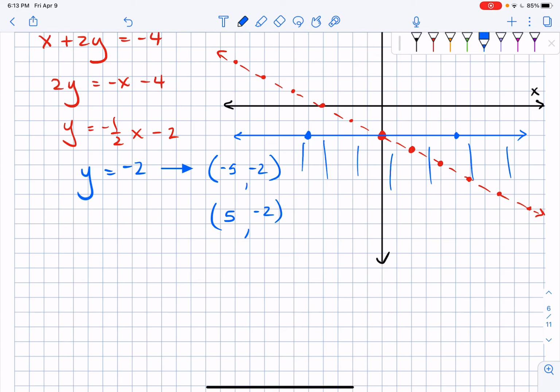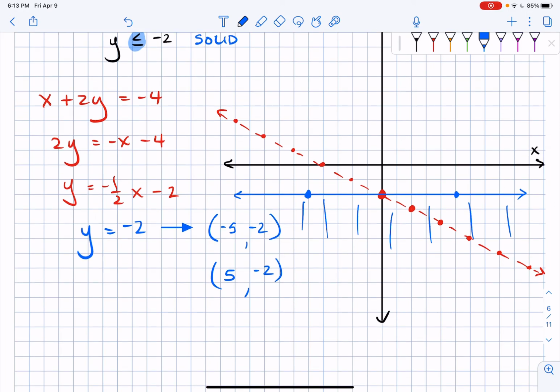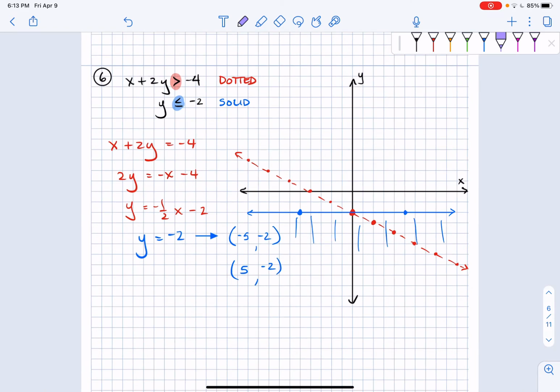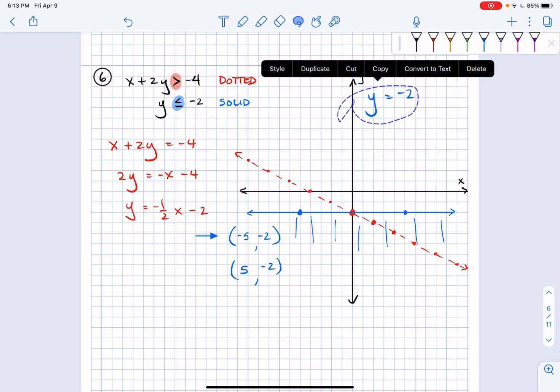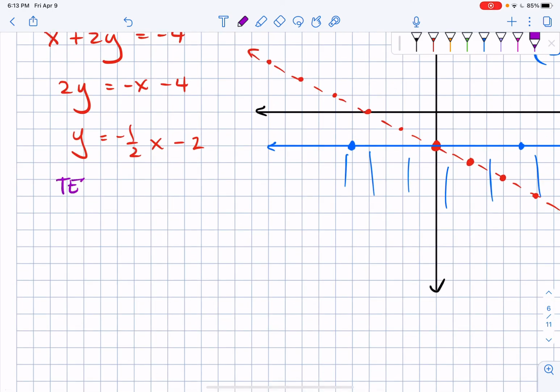Now, with the red one, I need to test. So 0, 0 is available. So for here, I'm going to go ahead and test 0, 0.